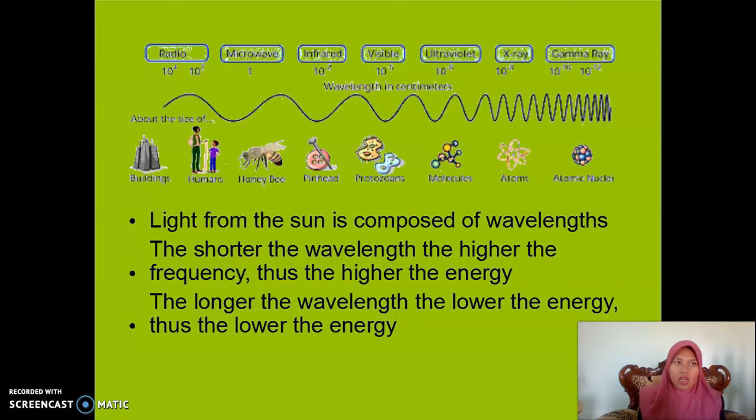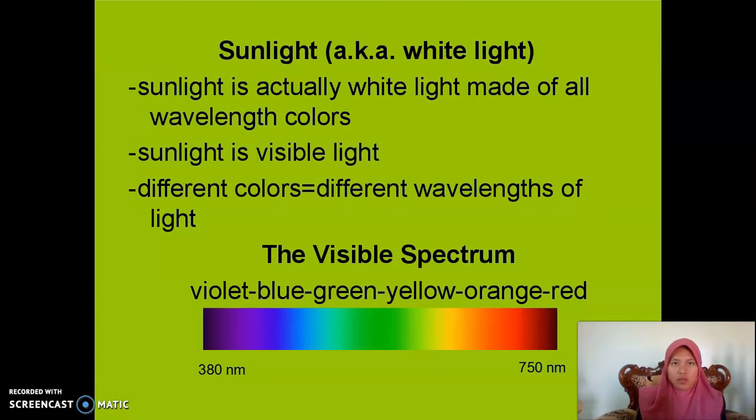Okay, dia terbalik. Kalau wavelength tu 400, so dengan wavelength yang 700, so wavelength yang 400 tu sebenarnya frekuensi dia lagi tinggi and the energy is higher than the 700 nanometer. Okay. So sunlight ni sebenarnya, it is also called the white light.